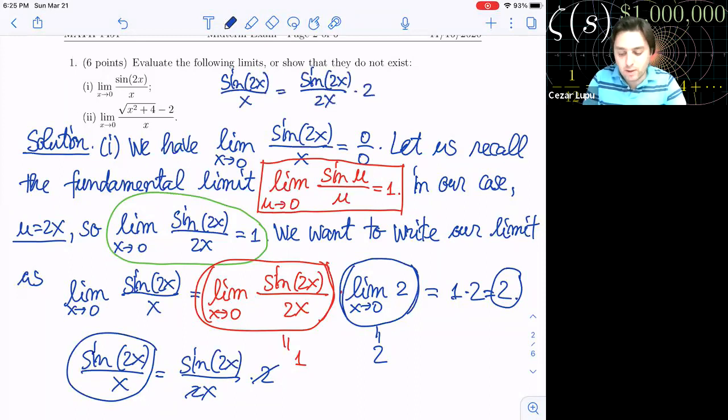So I'll write it in this way. I'm putting 2x here because I would like to have the same quantity inside the sine and outside, because I would like to use this limit right here. You see? Sine of u over u. So in our case, u is 2x, just like I said here. Does it make sense now?